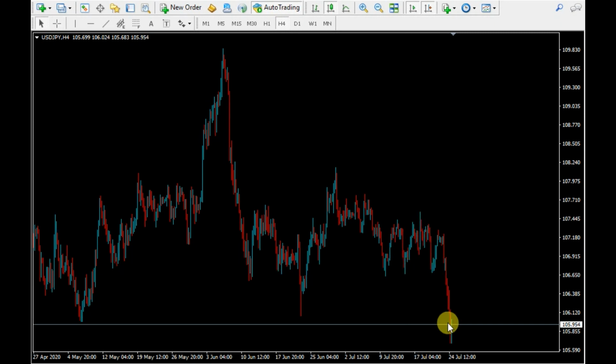Then again this was a very strong support. This area was a very strong support, and the market fell extremely down from here, but then the market went back up. So this candle respected this candle, but it slightly went down, but it came back up again.